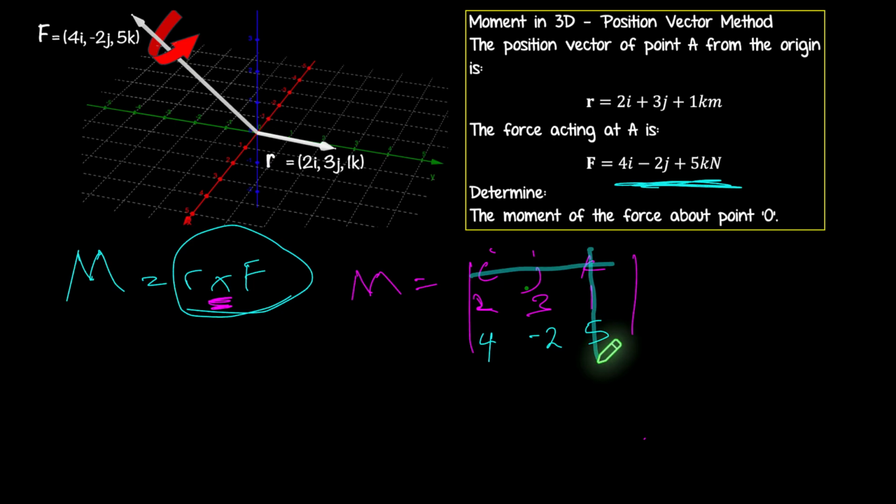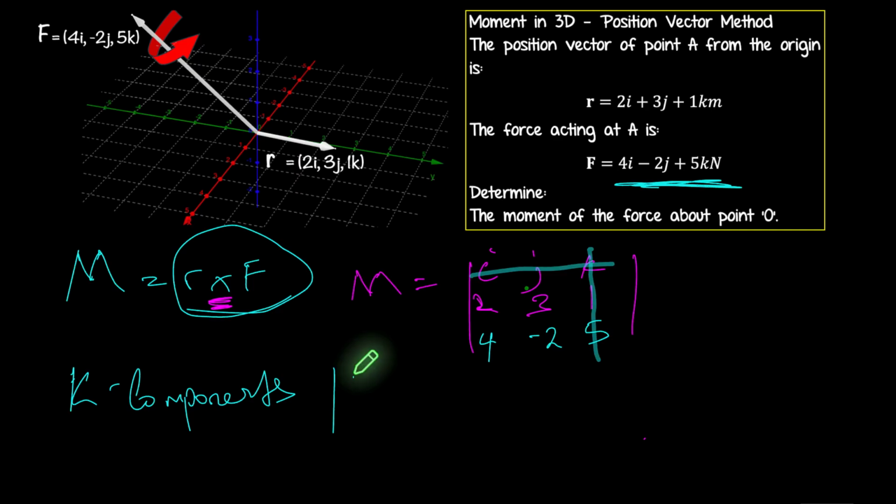We're left with 2, 3, 4, negative 2, and we multiply the leading diagonal, from top left to bottom right, then subtract the non-leading, bottom left to top right. Let's write it up properly: for the k component we have 2, 3, 4, and negative 2.